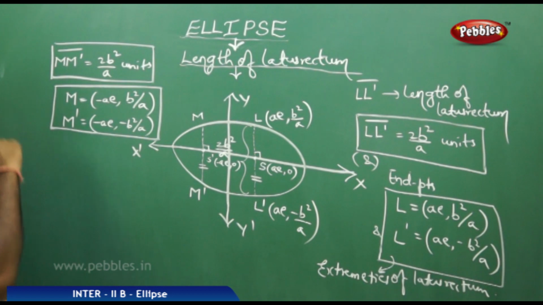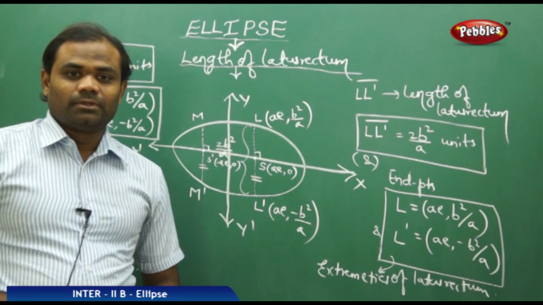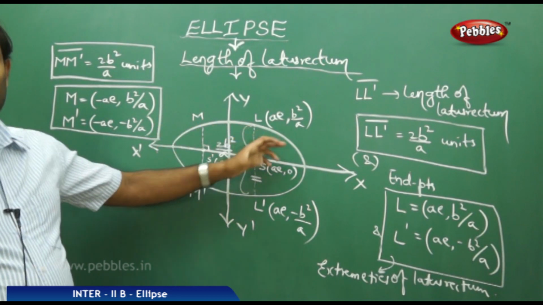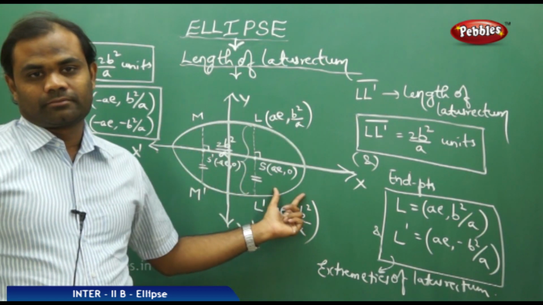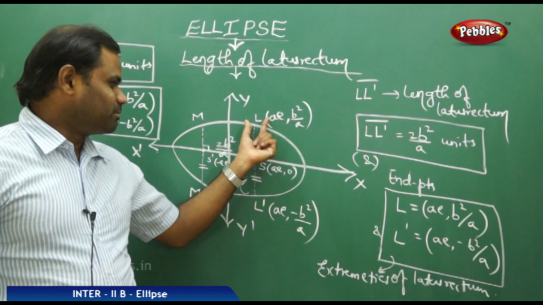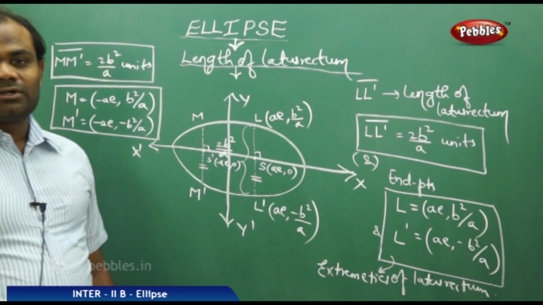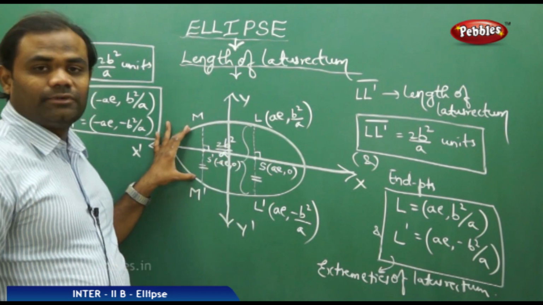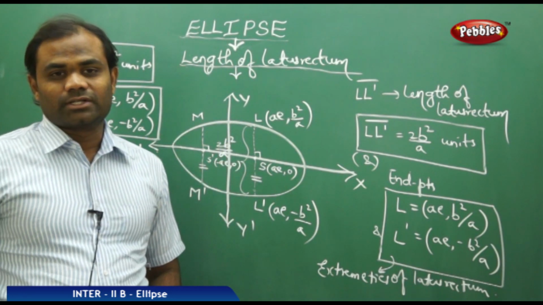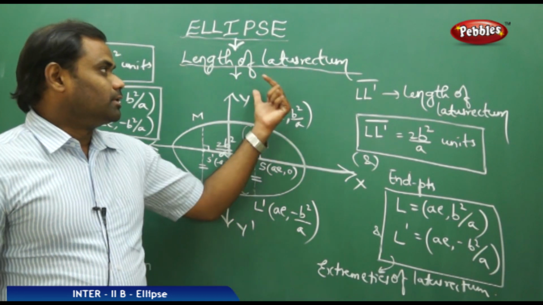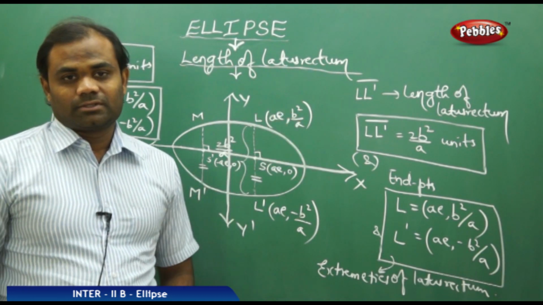Is how we identify the other latus rectum with the length and endpoints. Lengths are same, the endpoints change. So therefore there are four extremities, LL dash, MM dash, and two lengths of the latera recta, this and this, which are equal. Is how we understand the concept of latera recta connected with the lengths and extremities of the ellipse.